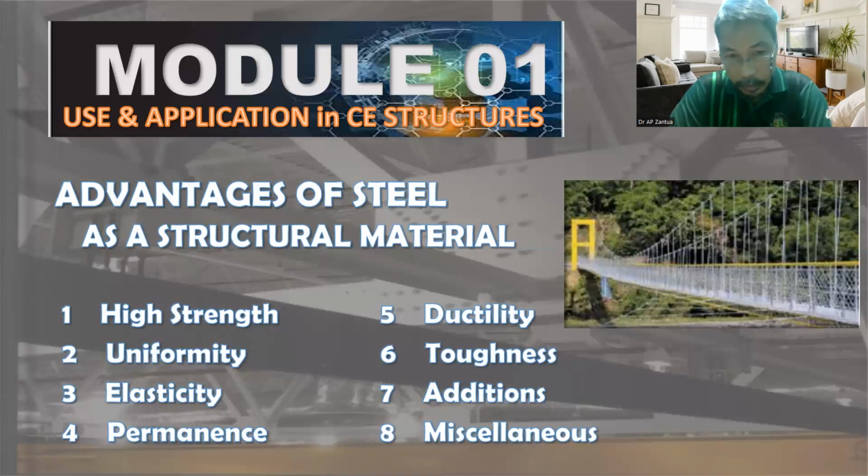So number 7, additions. Addition meaning, for example, you are using it as a component of a bridge, and you want to modify it or add an accessory to the structure. It's very easy to replace parts.